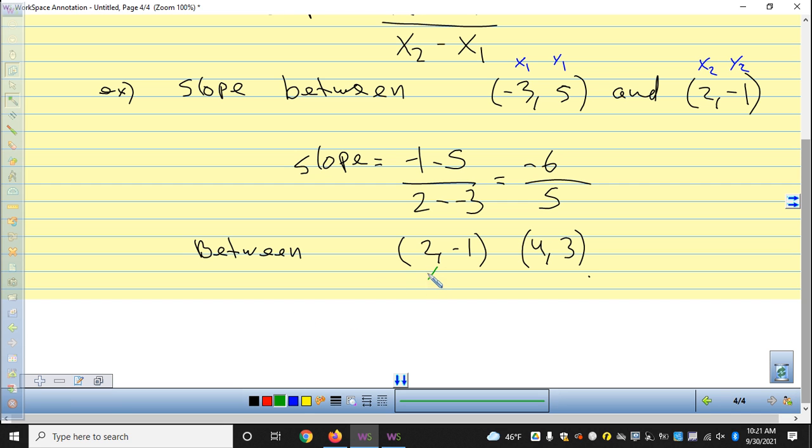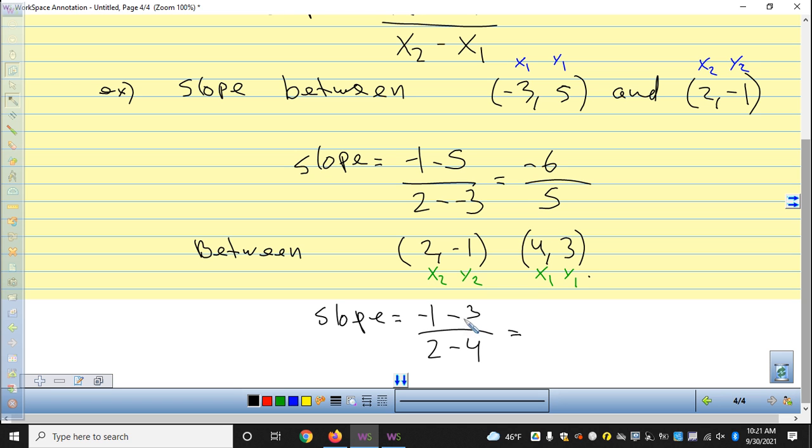I'm going to call this one x2, y2, and this one x1, y1. It doesn't matter as long as I keep the 2s together and the 1s together. So my slope is going to be y2, -1, minus y1, 3, over x2, 2, minus x1, 4.